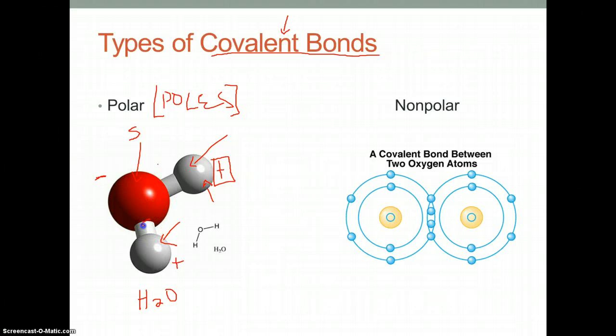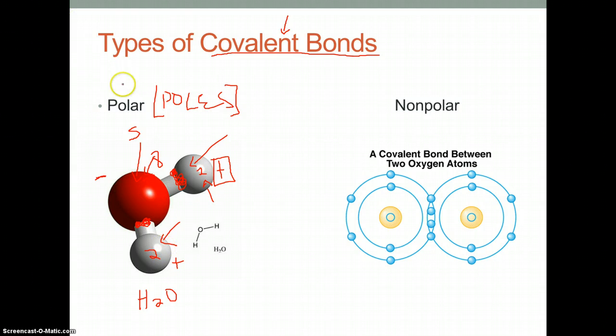This hydrogen gives 1 electron, its only electron, and this hydrogen gives its only electron, and oxygen now becomes stable. So 8 for stable. At the same time, like we said, this is shared. So oxygen gives 1 of its electrons, so now we have 2 here, and oxygen gives 1 of its electrons. So hydrogen too becomes slightly more stable than it already was, and now has 2 electrons in its outer shell.